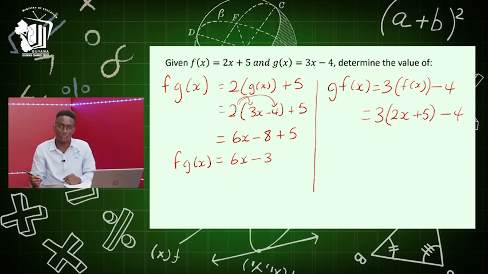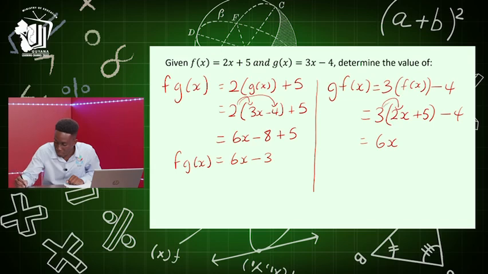We use our knowledge of algebra and simplify this. So 3 times 2x would give me 6x. And 3 times positive 5 would give me plus 15 minus 4. And 15 minus 4 would give me plus 11.